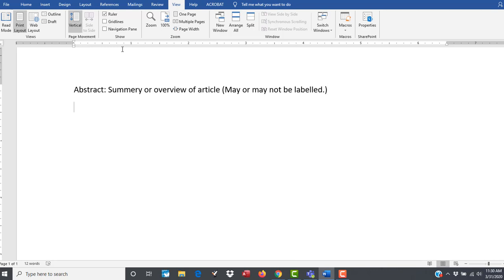The next thing we need after the abstract is previous research. Now, when we're talking about academic research, the term we usually hear is literature review, which is often shortened to lit review. It is exactly what the name says it is, a review or listing of all the previous research on this specific topic.